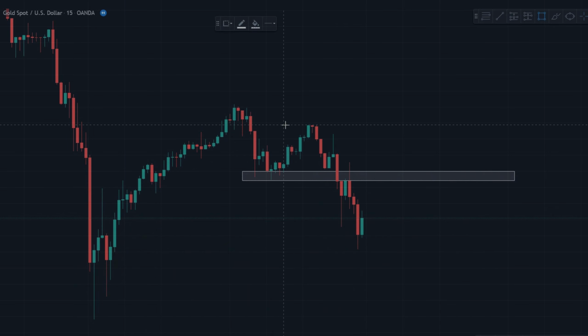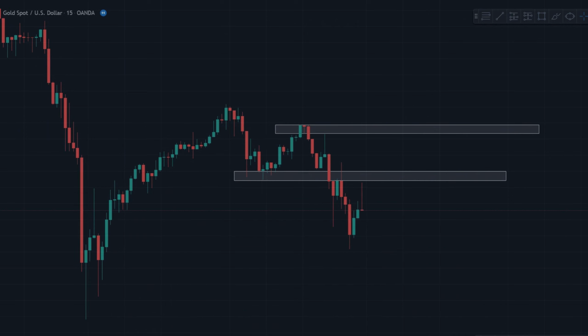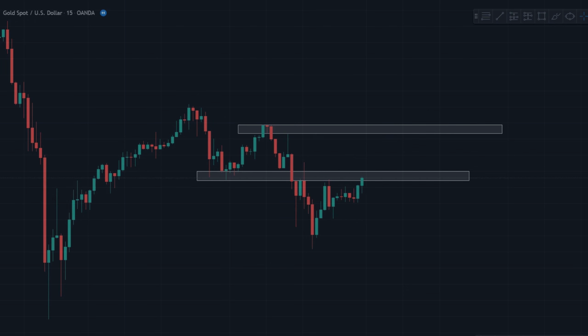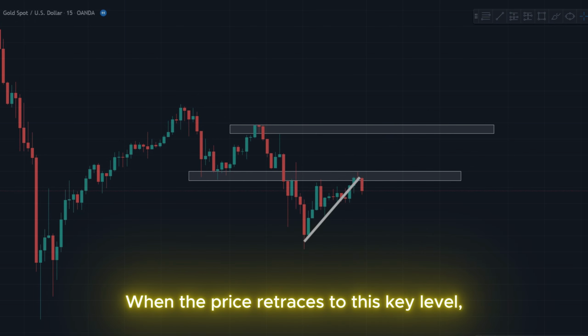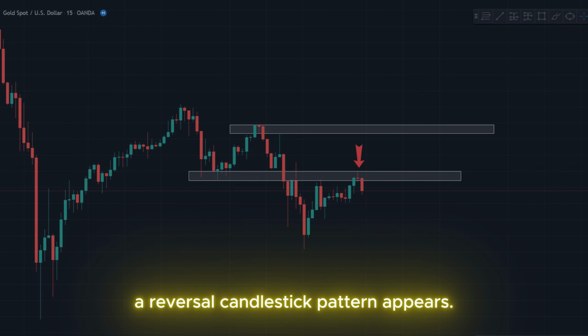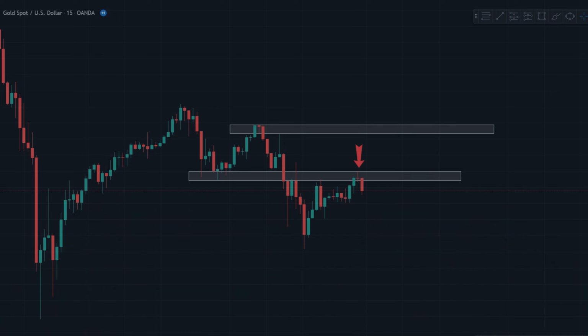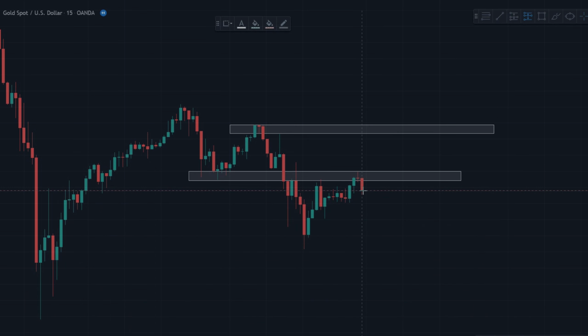Second, this significant key level. When the price retraces to this key level, a reversal candlestick pattern appears. If I recall correctly, this is an evening star pattern. So, we would enter a sell trade in this case.